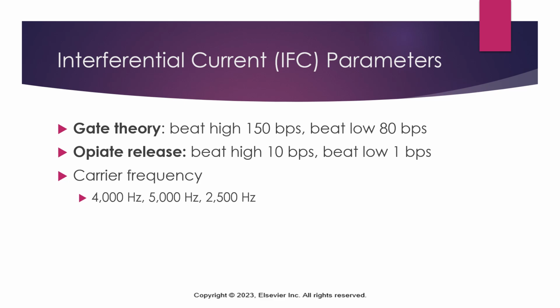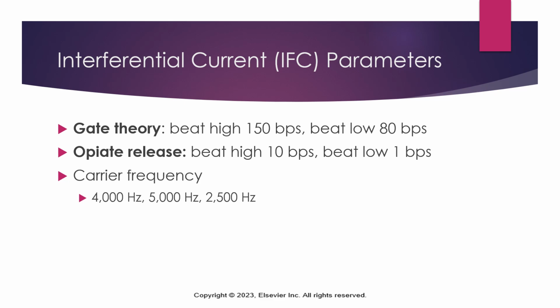And setting the frequency is an essential part of targeting either the beta fibers, which is what we're going to talk about first, or the A delta fibers and potentially the C fibers, which is the opiate release theory. So when we use these high frequencies, 80 to 150, we're stimulating those beta sensory fibers, which carry those non-painful signals to the spinal cord.